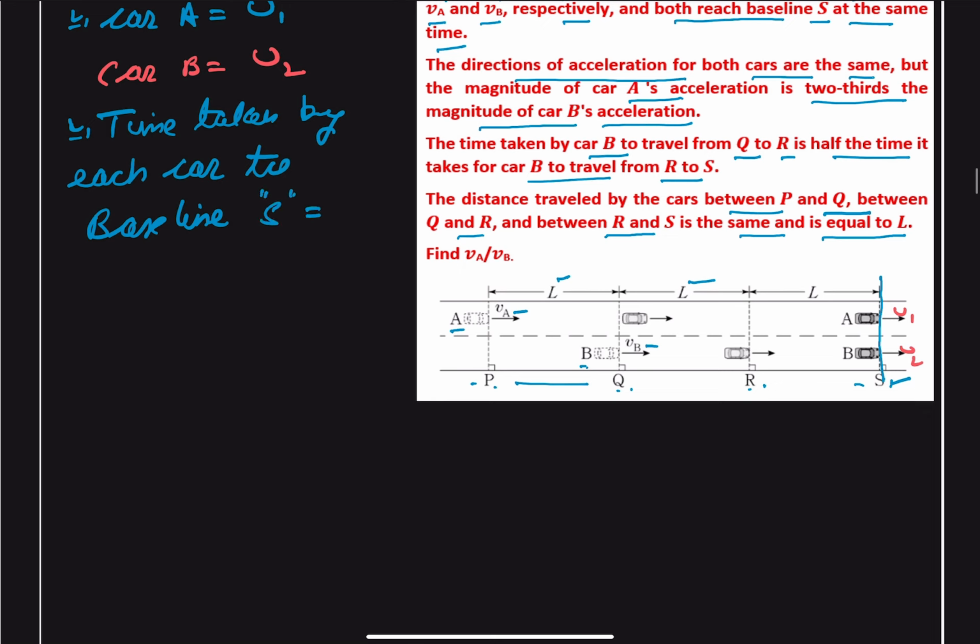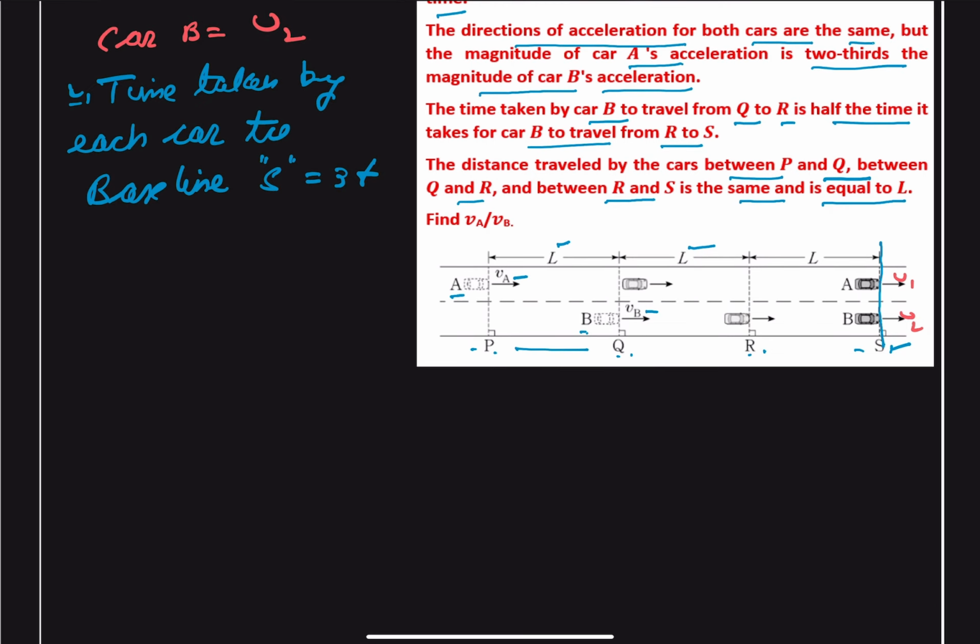Okay, so car A is going to take time 3t, as well as car B is going to take 3t, from Q to S for car B and from P to S for car A. And the total distance traveled by car A is 3L, where the distance traveled by car B is 2L.